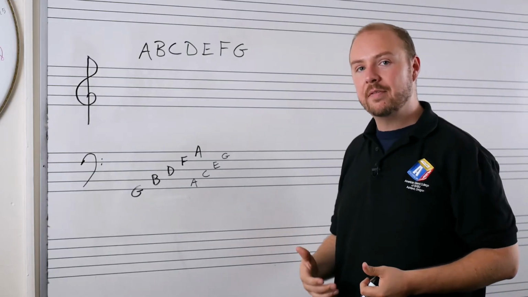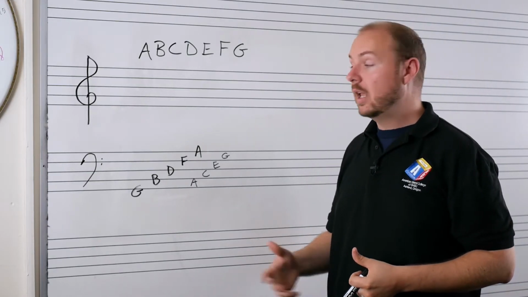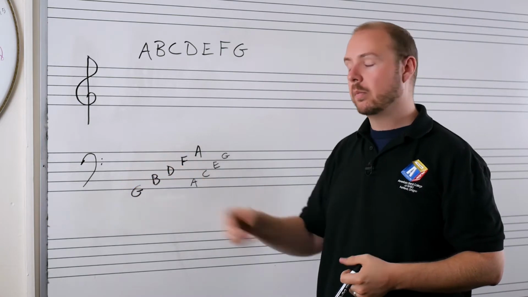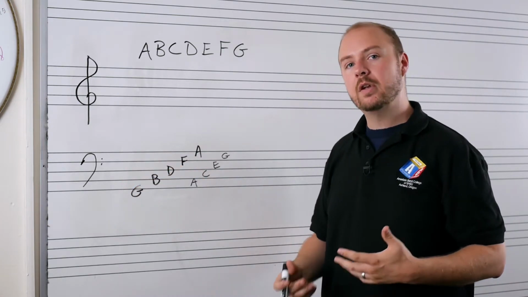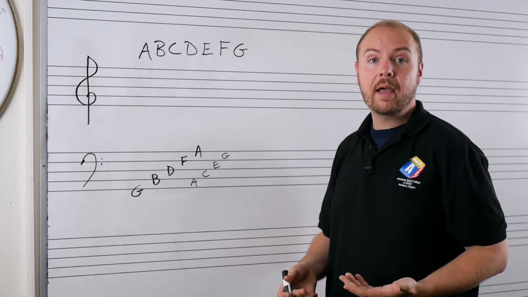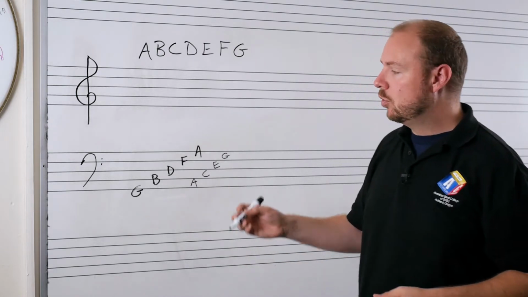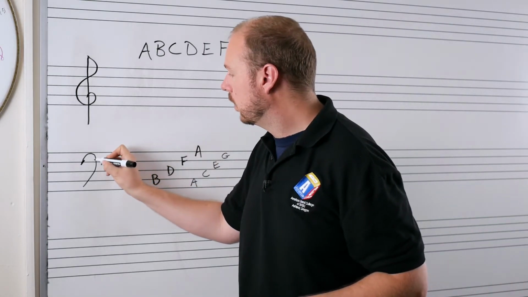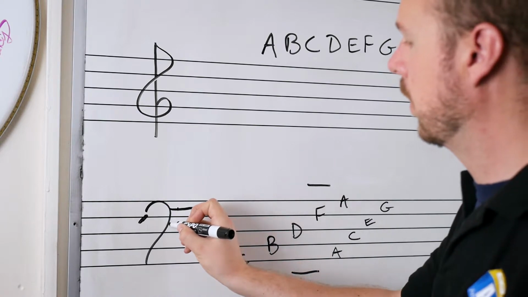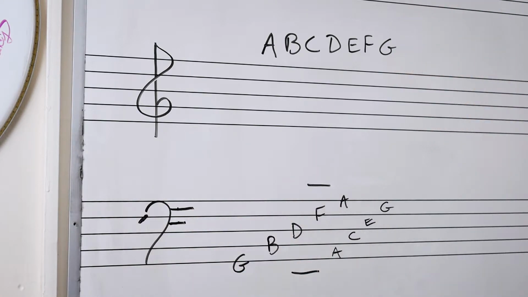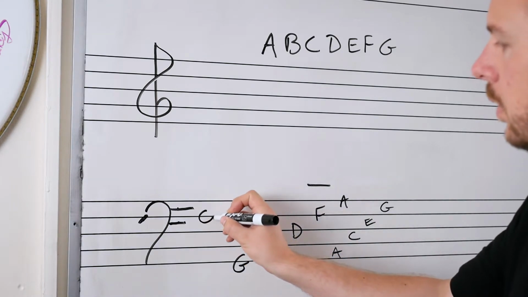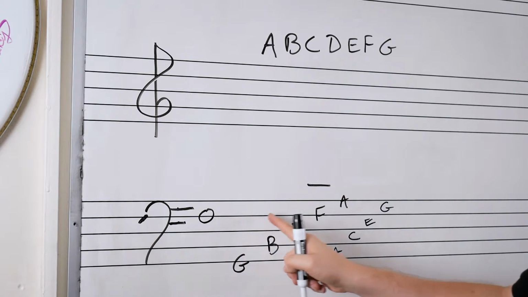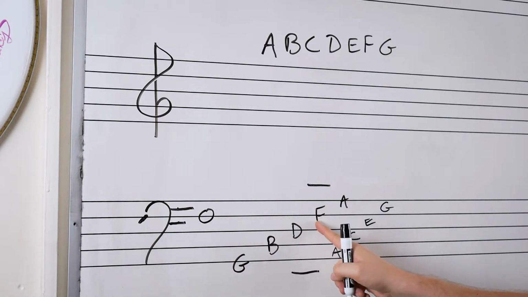Another way to identify your notes is to use the clef itself. The bass clef has another name to it. It's called the F clef. And if you connect those dots to the back line, kind of look at it, it almost looks a little bit like an F. And if you notice, it's centered around the 4th line, which is the F line.